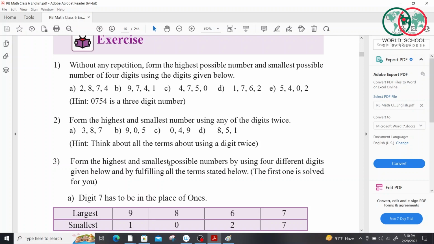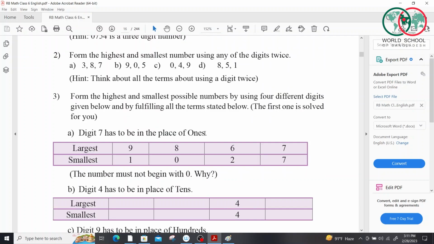Form the highest and smallest possible numbers by using 4 different digits given below and by fulfilling all the terms stated below. Okay. Here we are asked to use 4 different digits to make a 4-digit number.